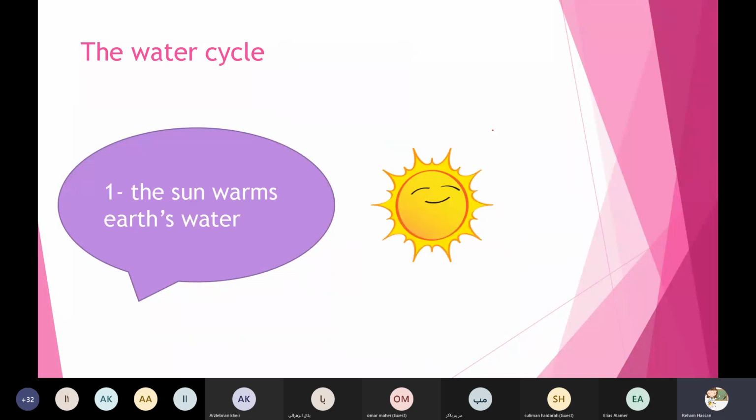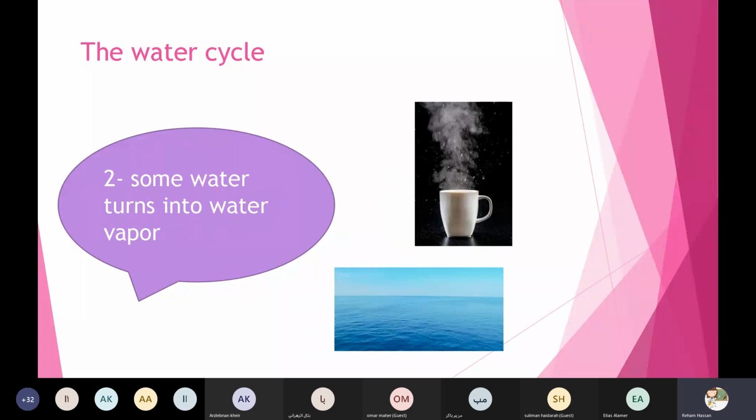So, what about the water cycle? In the water cycle, we have steps, okay? Number one, the sun can warm the earth water.